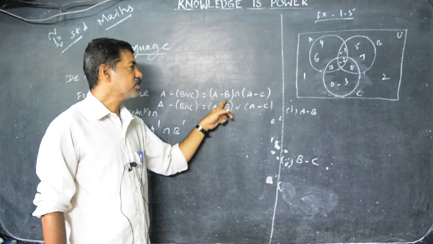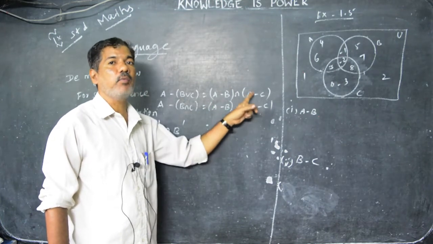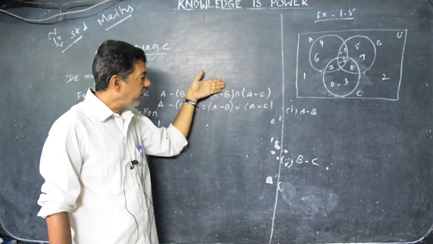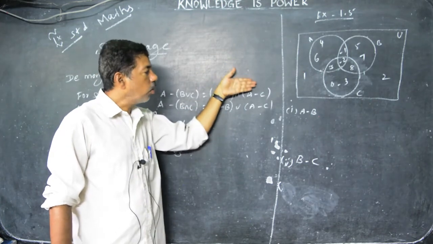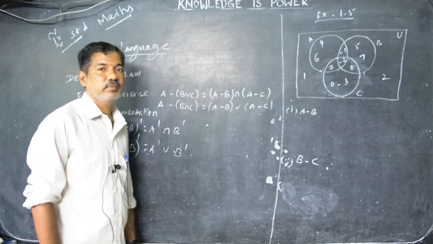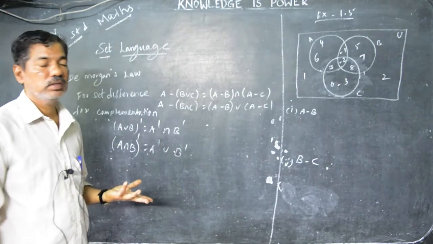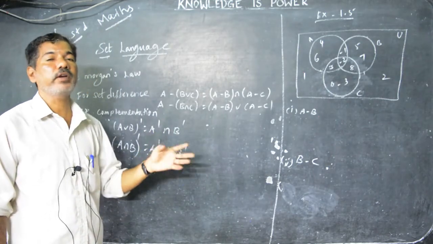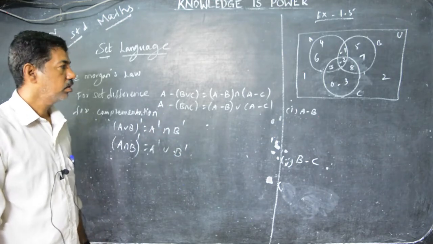Don't find it again because you already found it once. The answer you found, you use here and here also. So that is enough. It saves time. If you do it again, you will take more time to do the sums.